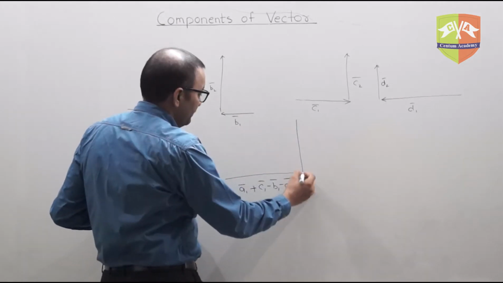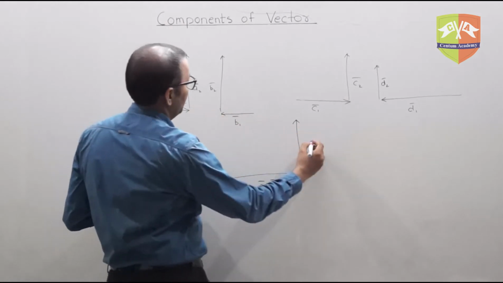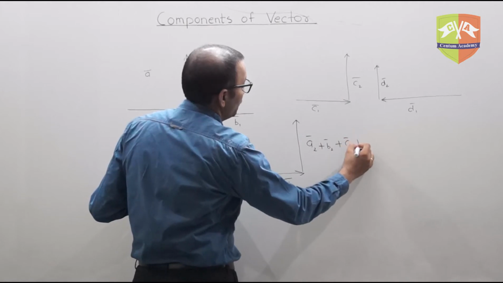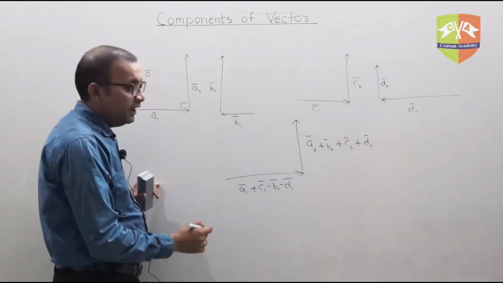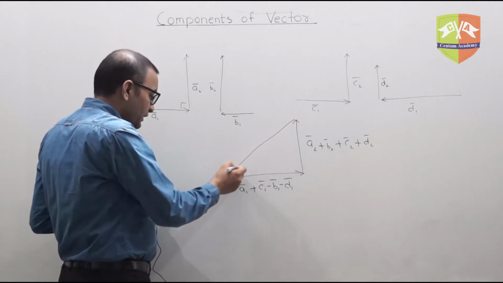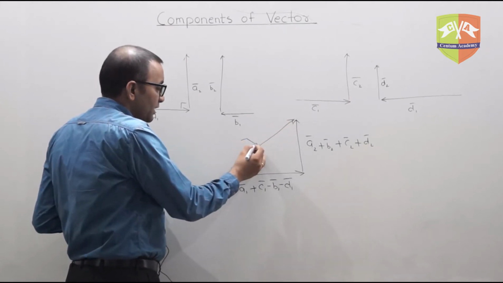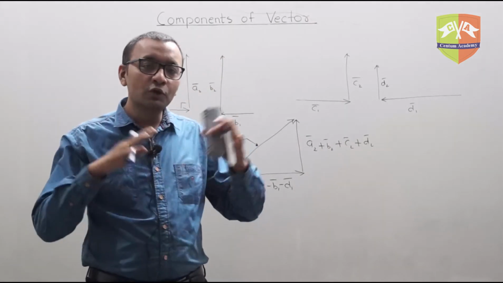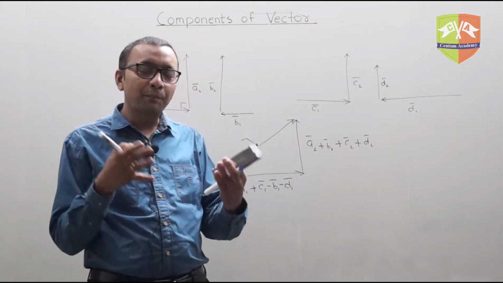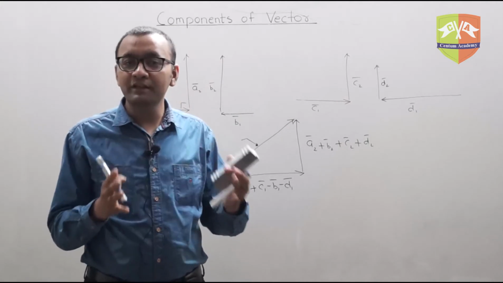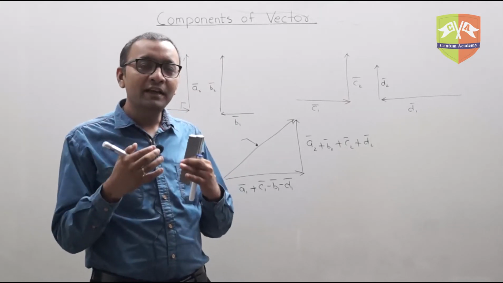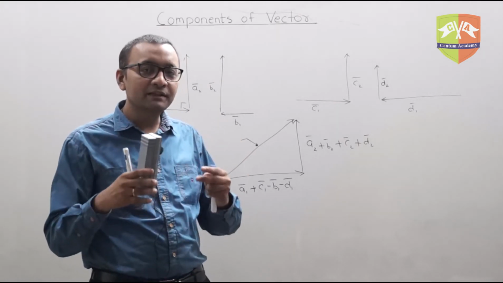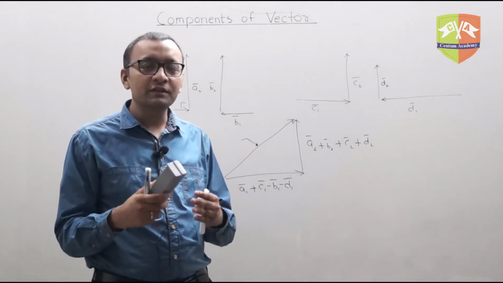And then this vector you will get as A2 plus B2 plus C2 plus D2. Okay, and then if you connect this vector, this is the sum of all the vectors. Fine. So in order to add those 4 vectors, I have first split each vector into 2 fixed directions, and then I have added each direction's vector components separately, right?